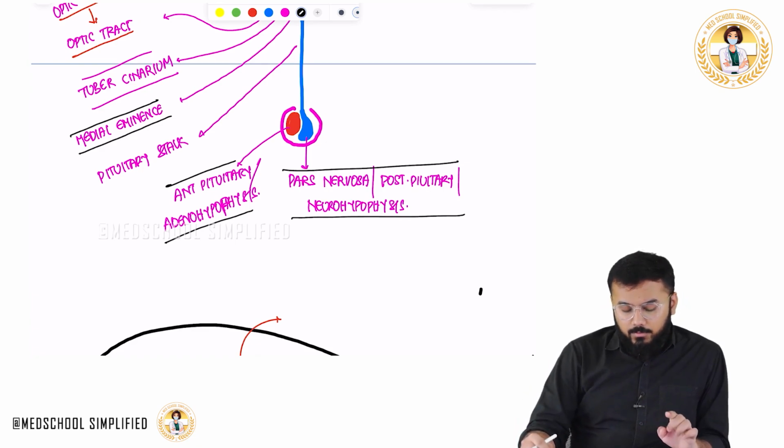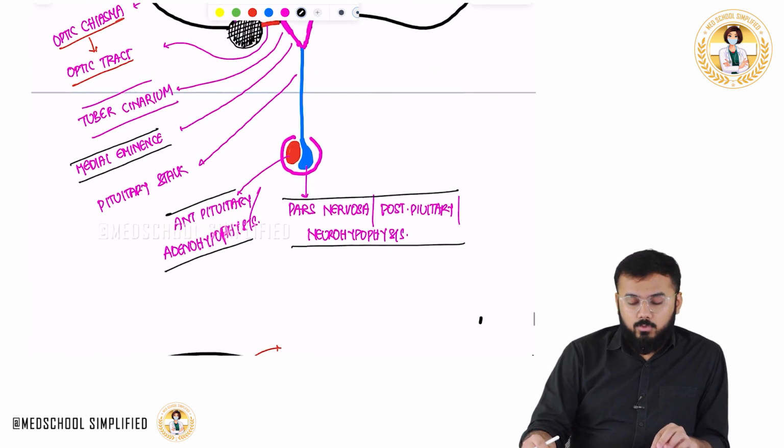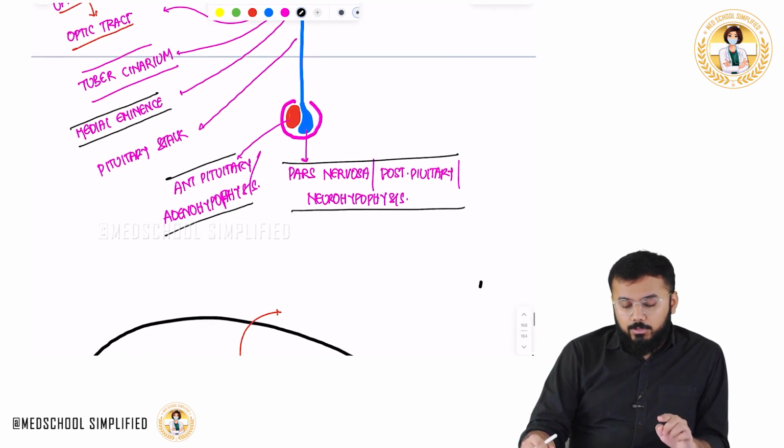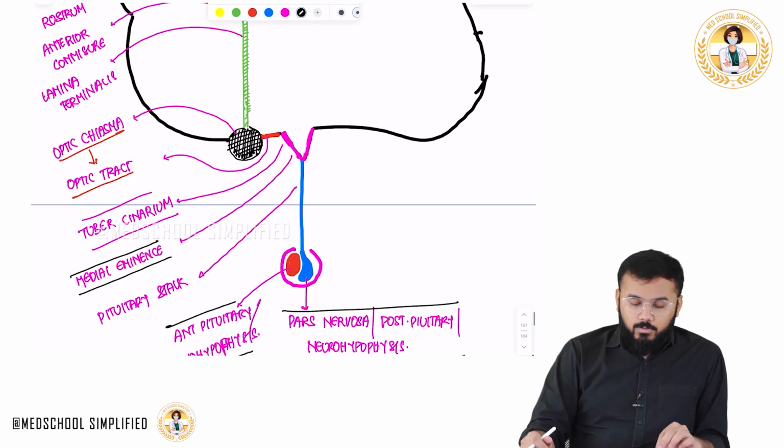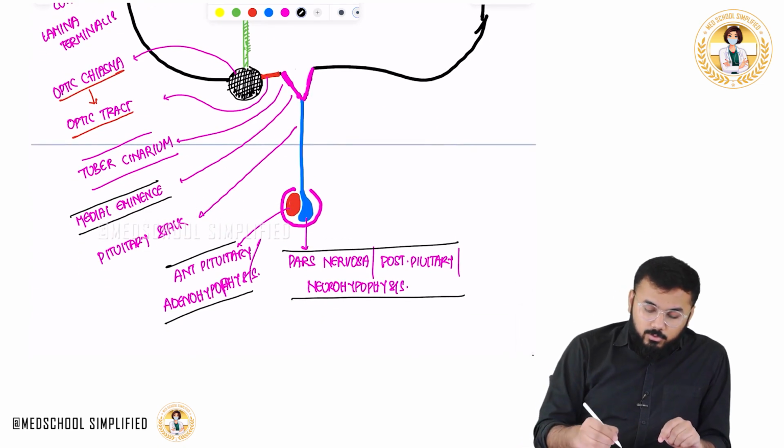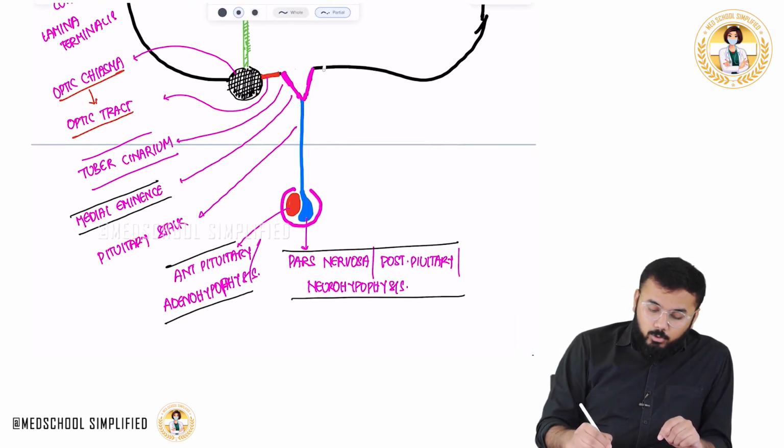And remember one thing, this adenohypophysis has nothing to do with the pituitary stalk. The pituitary stalk is continuous with only one structure, the posterior pituitary or neurohypophysis. Okay, clear? Right.